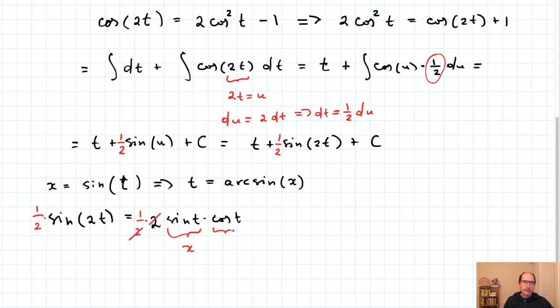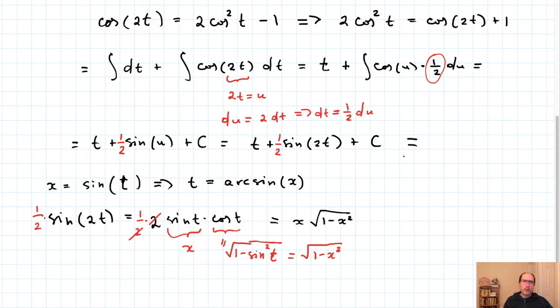And then cosine of t, we can actually use the same trigonometric identity that we used at the very start, namely cosine equals square root of 1 minus sine squared, of t, I'm sorry. But sine t is x, and so that becomes square root of 1 minus x squared. Putting all of this together, we find that 1/2 of sine of 2t equals x times square root of 1 minus x squared.